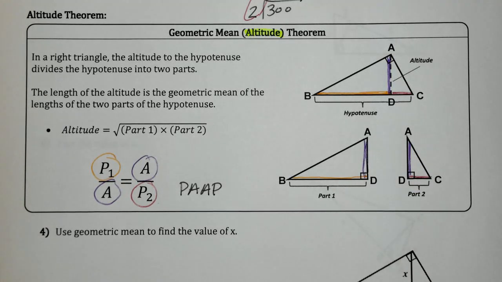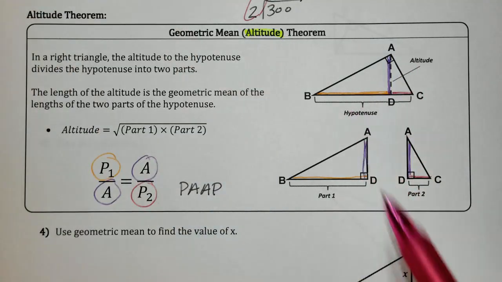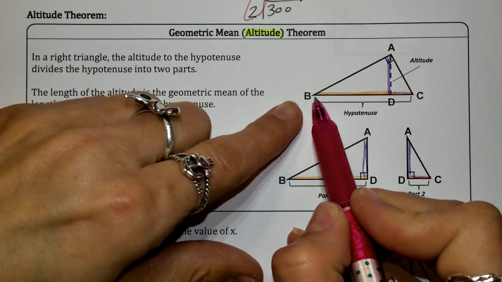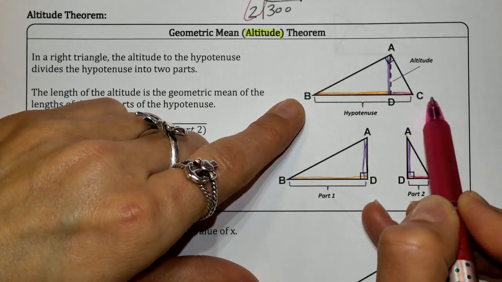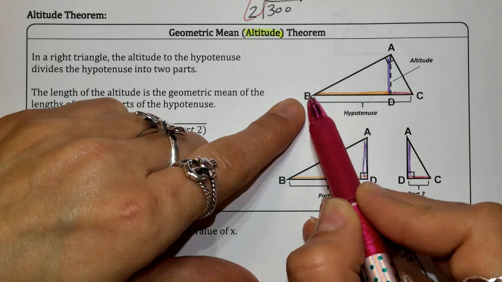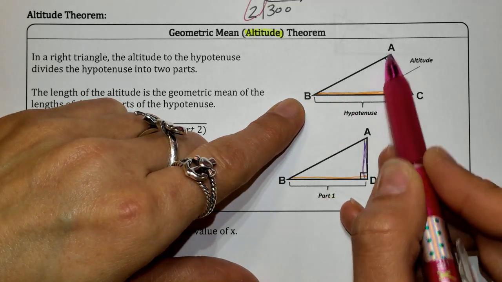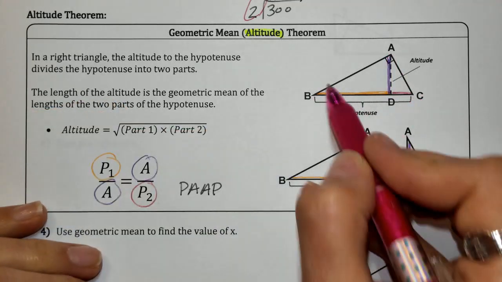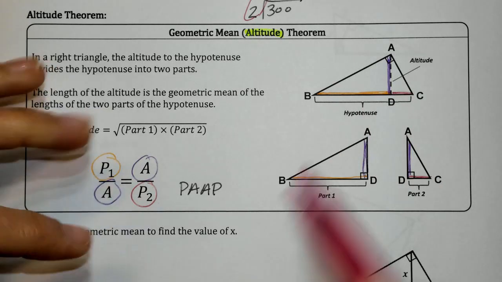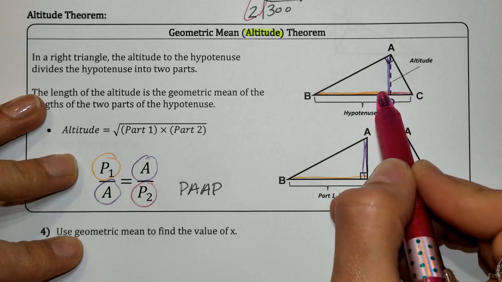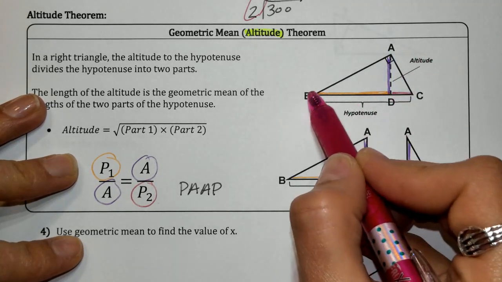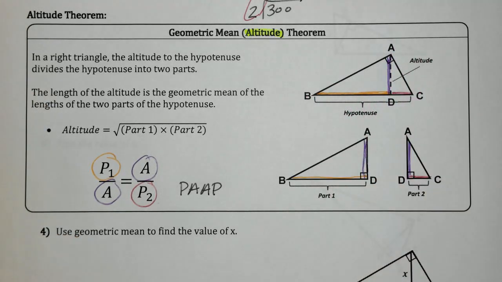Other teachers call it the heartbeat, because whenever you start over here at the B, you're going to go part 1, altitude, back down, altitude to part 2. Me, I just look at it as you go over, up, down, over. You could trace the entire thing without picking your pencil up. You're not going here and then up here, you're just going straight up, and that's why they call it the heartbeat.